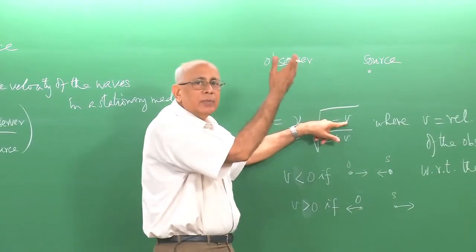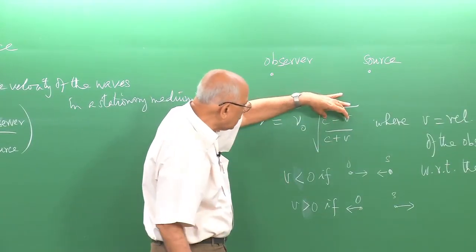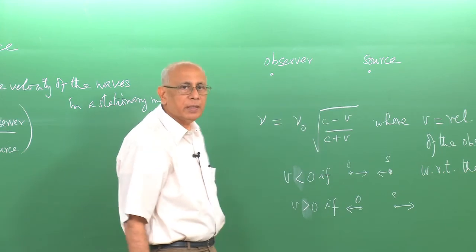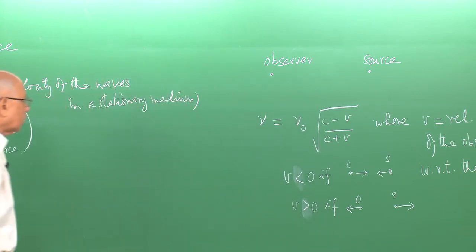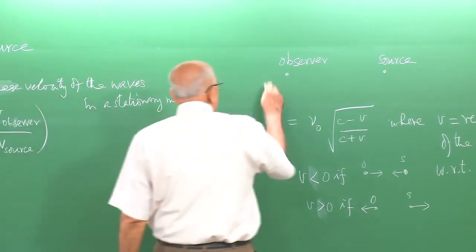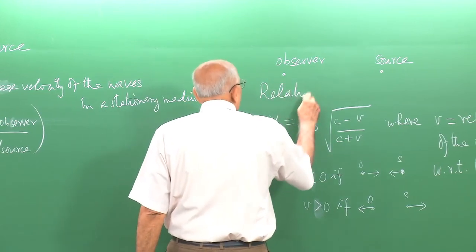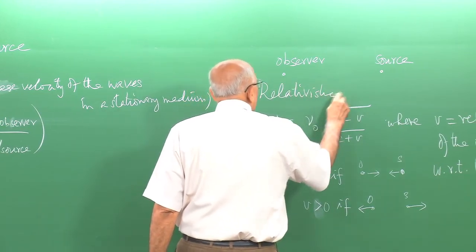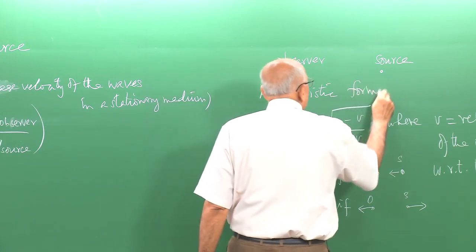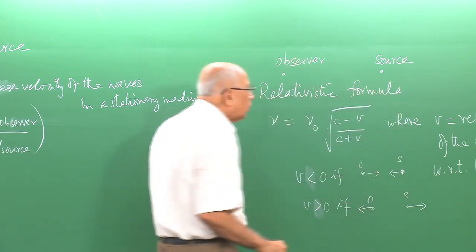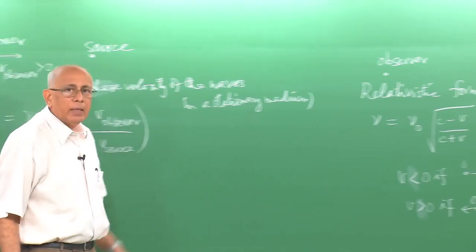So, you have an enhancement of frequency, both because the numerator is increasing and the denominator is decreasing in proportion. So, this is the relativistic formula, which includes the correction due to time dilation.